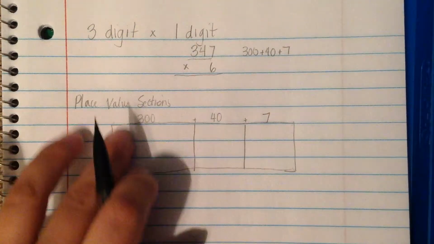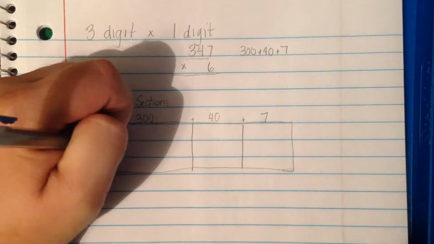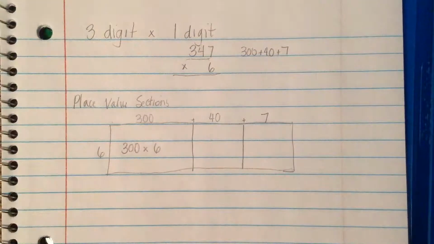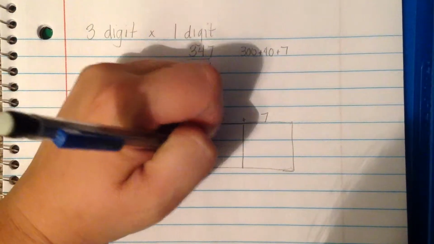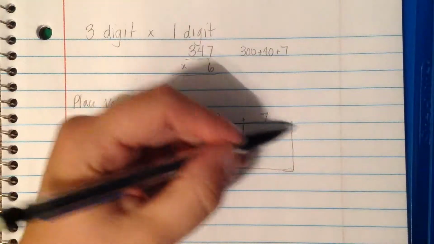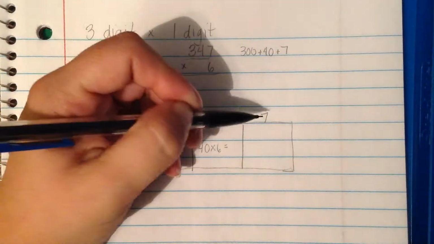Now the area of this box is 300 multiplied by 6. My area of the middle box is 40 times 6. And the area of the last box is 6 times 7.